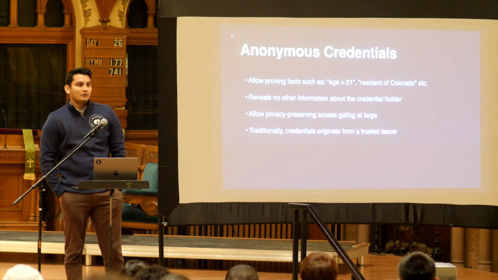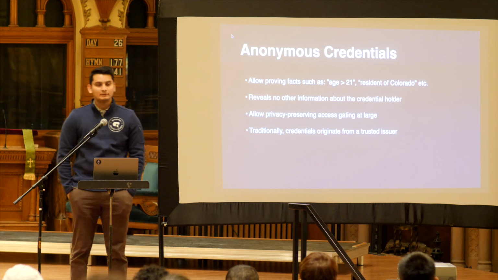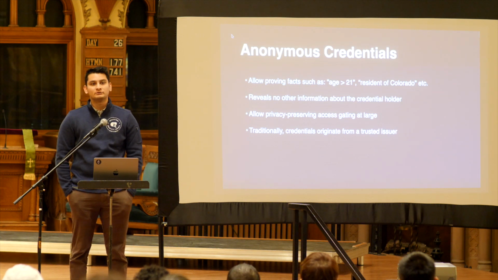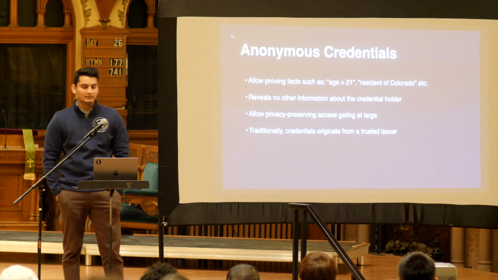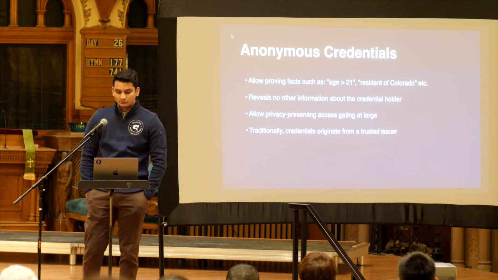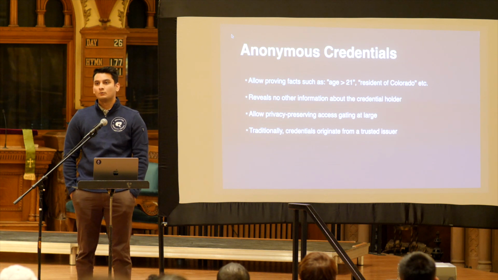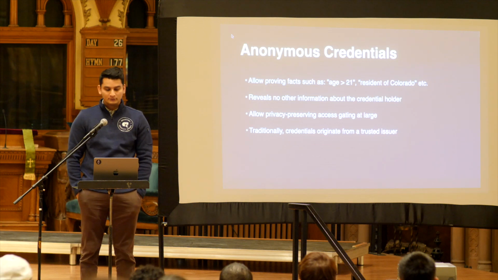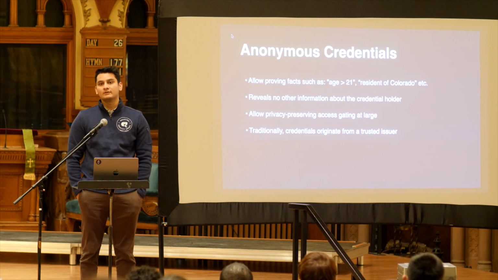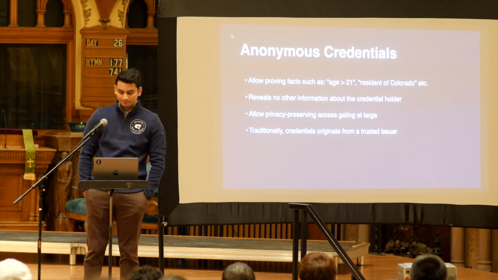So how do anonymous credentials help us here, right? The point is that we're trying to prove certain facts about our identity, and we want to control how fine-grained the information is that we're working with, right? So perhaps the thing that you want to prove is that someone is just over 21 years of age, or they live in the state of Colorado, but you don't want to reveal your address, like all of the other information about you.